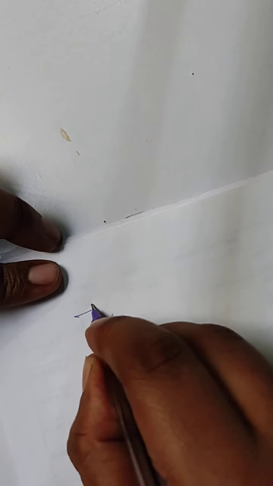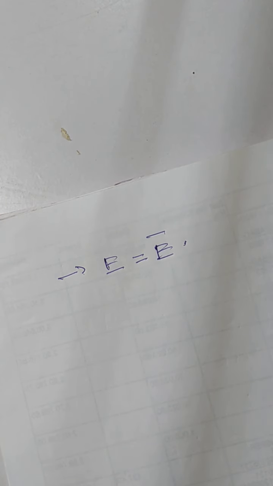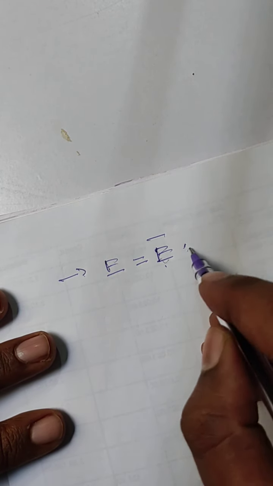The next theorem: if we have E equal to E closure, we have already proved that E closure is closed.